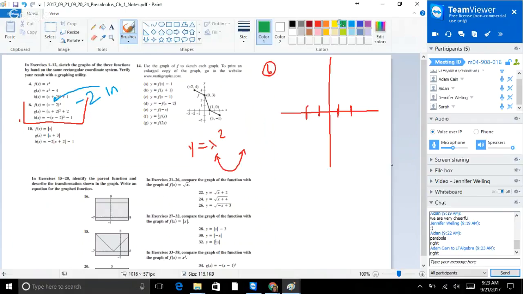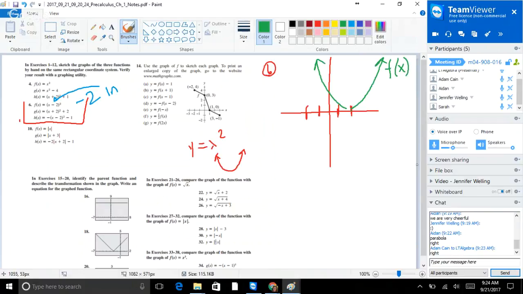So it's going to shift over here. Now, is there anything else being done to f of x? No. So I'm just going to go ahead and draw my beautiful parabola right here. And we're going to label that f of x. Just give ourselves a little more room here. There we go. That's f of x.